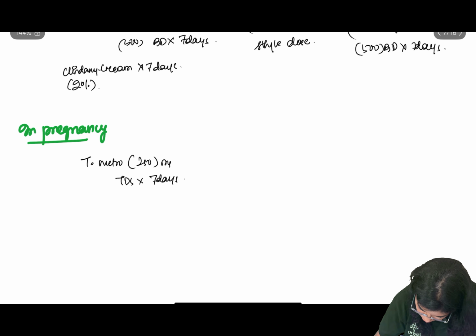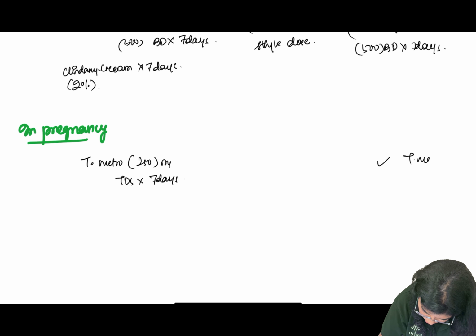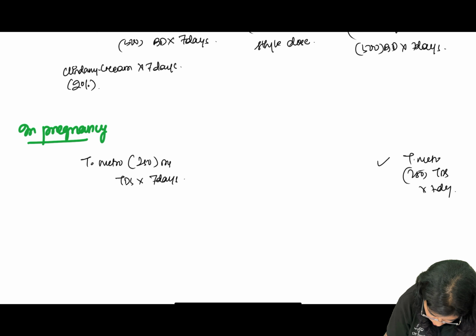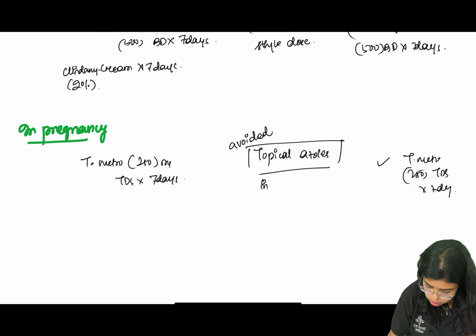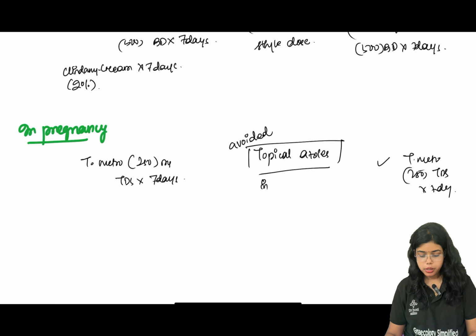For trichomoniasis it is the same, 250 TDS for 7 days. And for antifungals, we give topical azoles, but these are avoided in the first trimester.